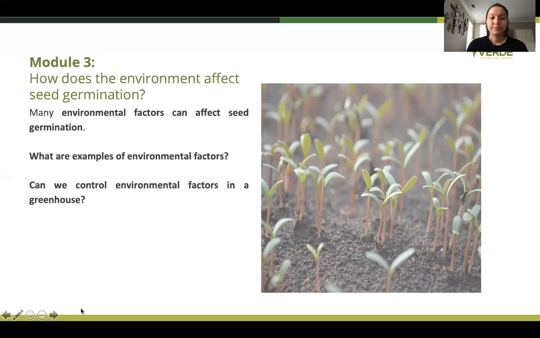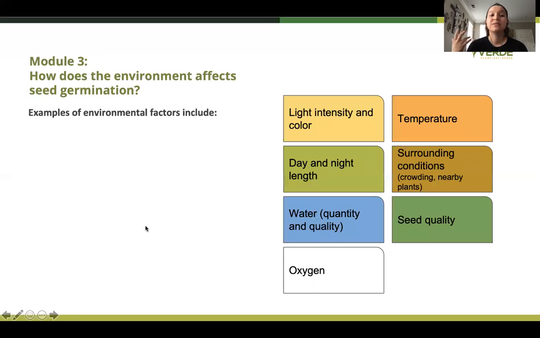To start, examples of environmental factors can include light intensity and color. Light intensity is how strong the light is. If a seed is in indirect light, it might not get light as strong as a seed that is directly under the beaming sun. And then the color of light. Without getting too technical, there are certain rays of light that plants use better to photosynthesize.